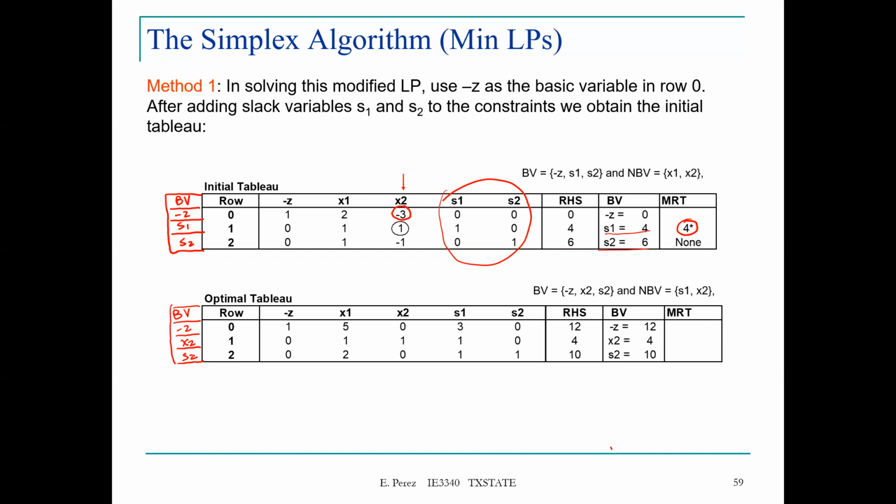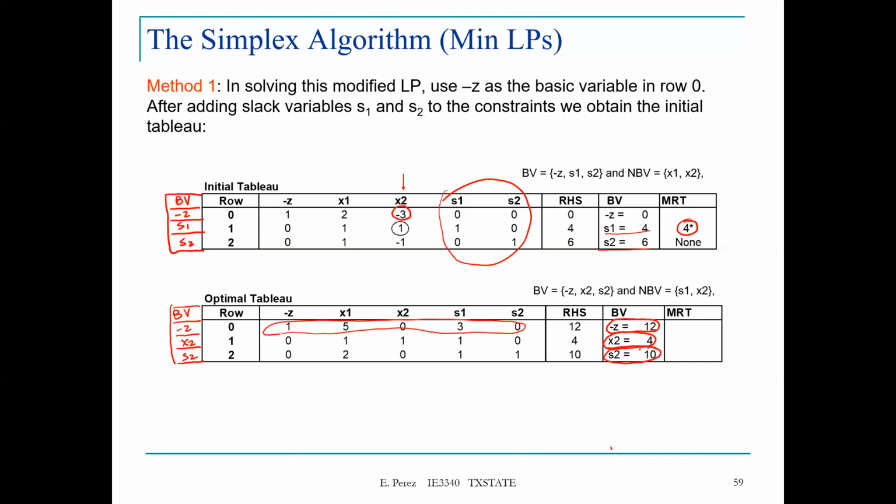At this point, we look at row 0. There are no negative coefficients here, so that means that we have found the optimal solution, which is minus z equals 12 with x2 equals 4 and s2 equals 10.